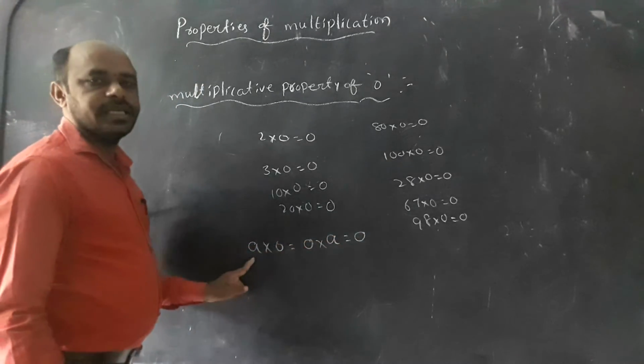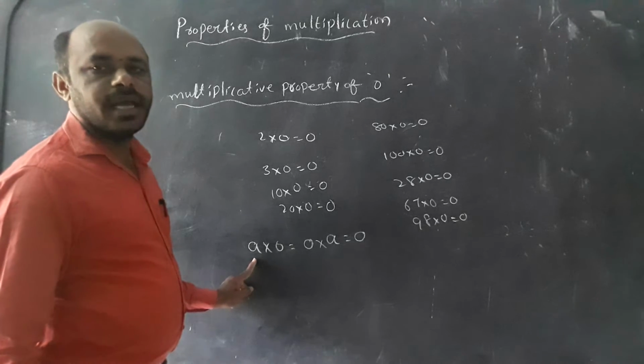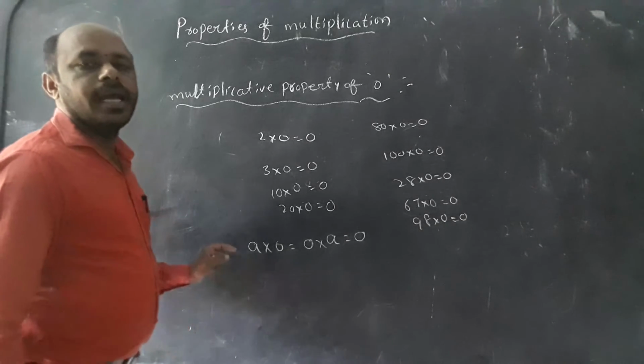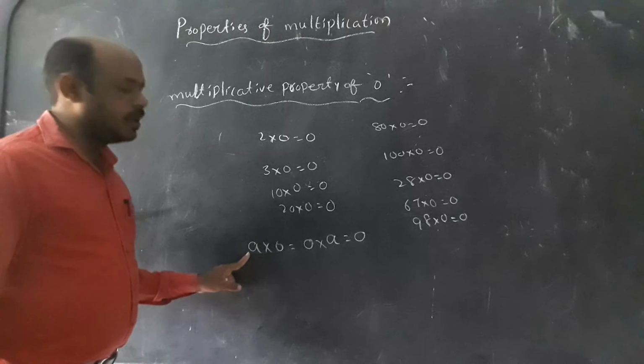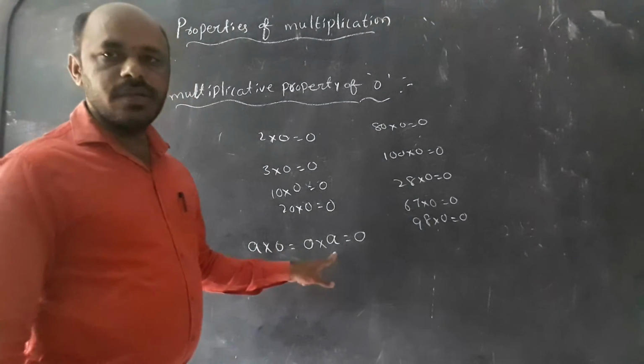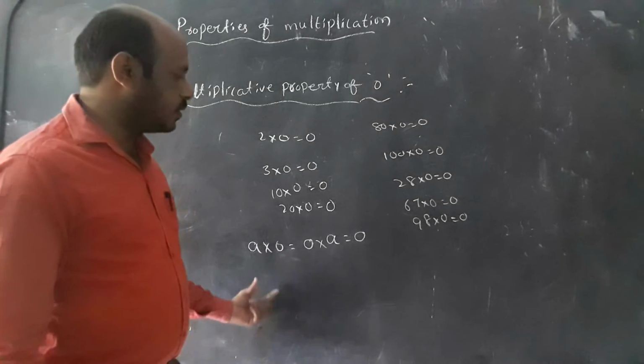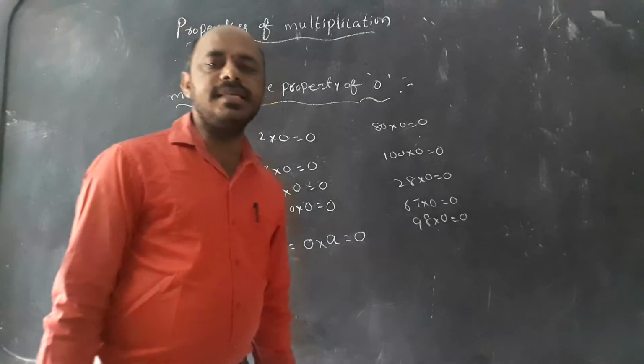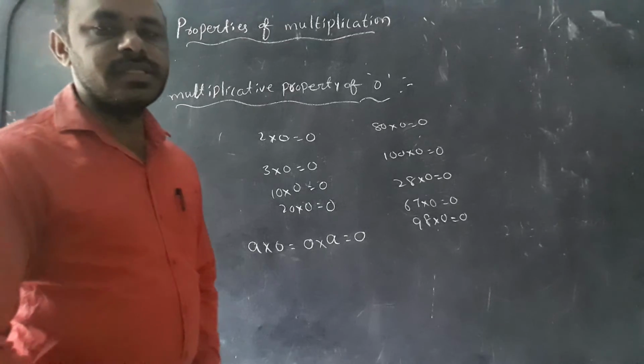Here a is any number, we can take any numerical value for a. Okay, a into 0 is equal to 0 into a is equal to 0. This property we call the property of 0.